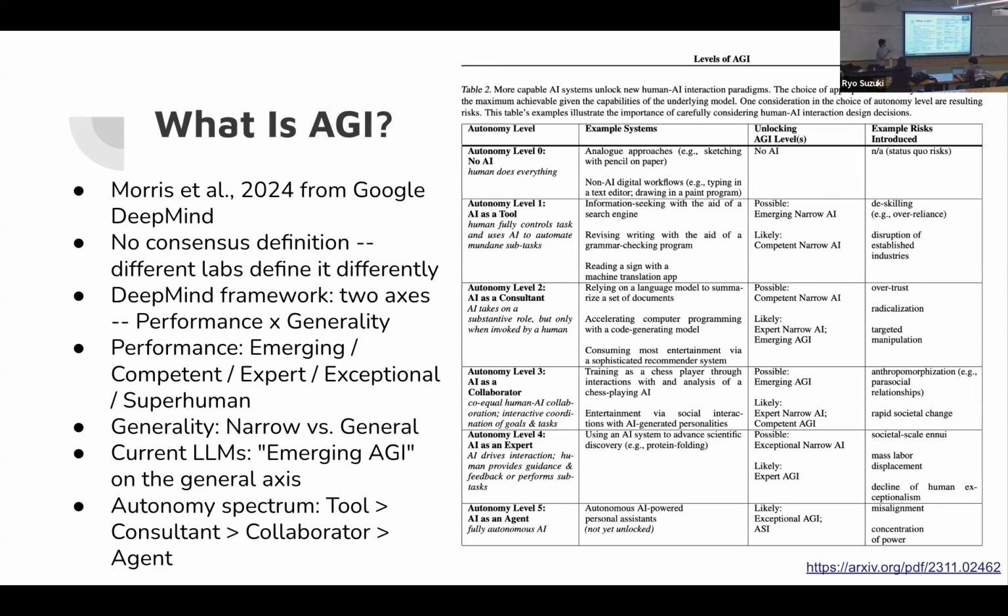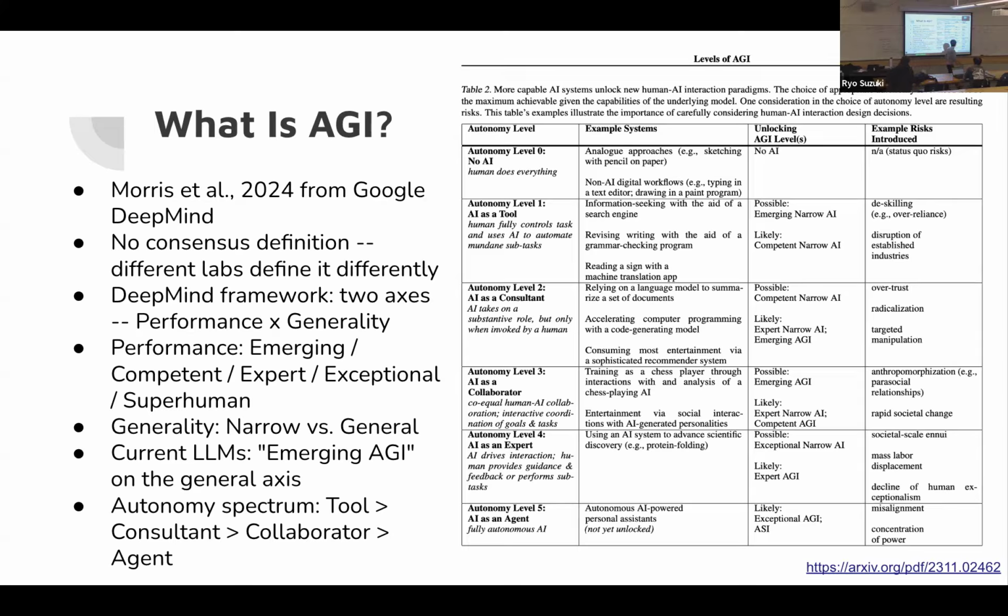There are so many debates about what AGI actually is. This comes from a paper from Google by Meredith Morris in 2024. It's a little hard to see. She defined five levels of AI, starting from AI as a tool, to AI as a consultant, a collaborator, an expert, and AI as an agent.